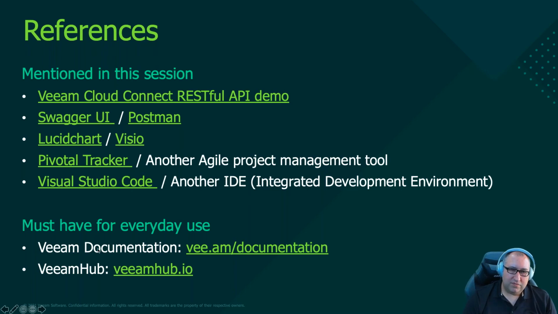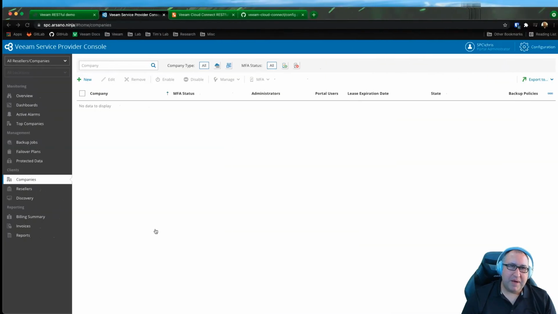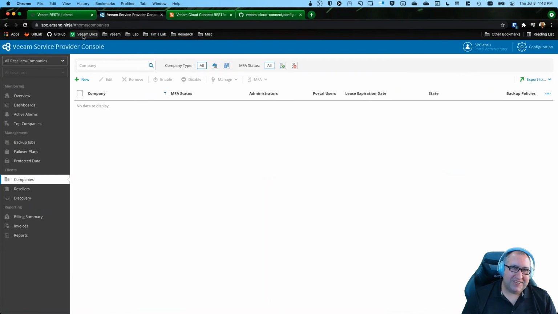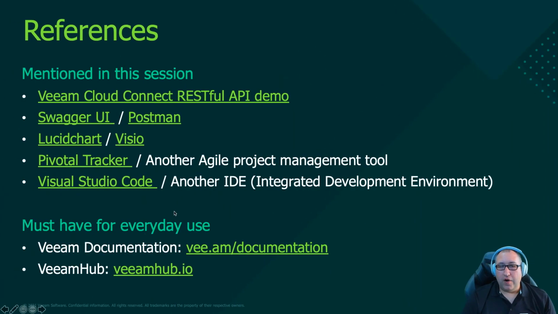Must-haves for everyday use: Veeam documentation. I don't know if you noticed this or not, but even in my own personal browser, Veeam docs are right at the top. They're a shortcut right here for me. Our API documentation is good, and we're constantly improving it. I've worked on so many different products throughout my career that had little to no documentation.